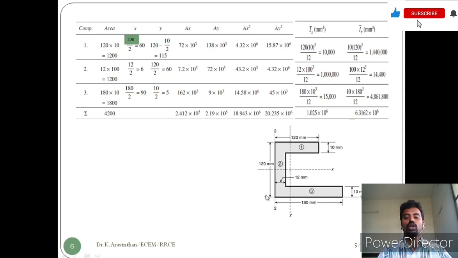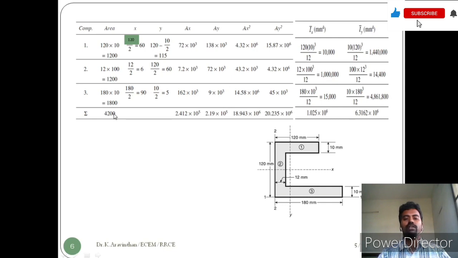The overall distance is 120, and you have to subtract the 10 and 10, that is 20 mm, from the 120 mm. So you will get 100 mm. So 12 into 100 is the second component, and the third component will be 180 into 10. So the total area is 4200.